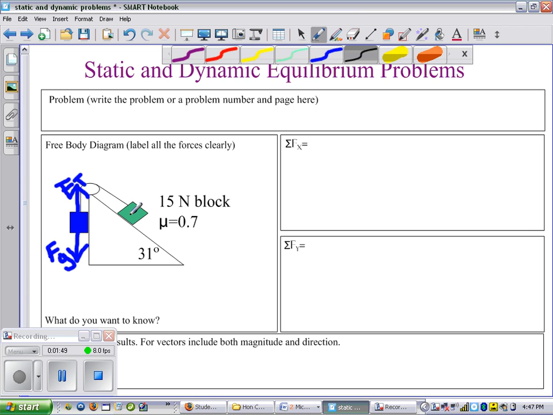The forces on the sliding block are, now pay attention to the angle that I draw this vector. The force of gravity, still straight down, even though it's on an incline. Normal force.